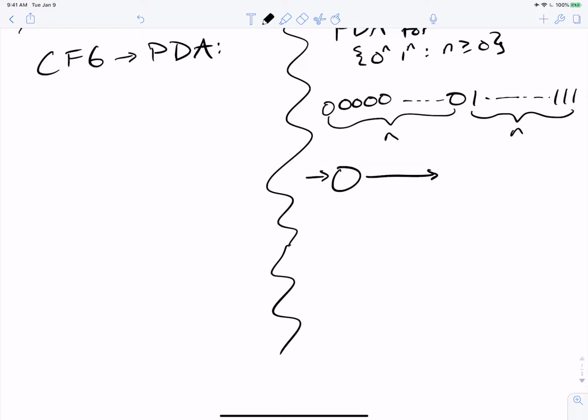No. So we're not going to read anything here. There's going to be more on this transition.